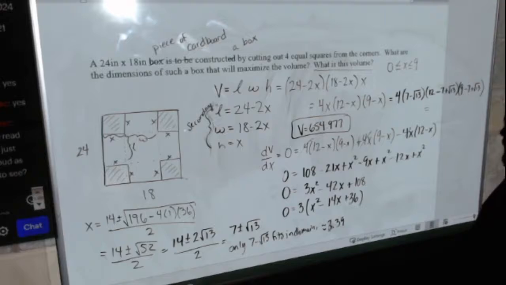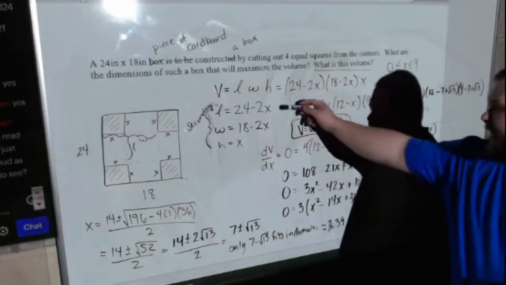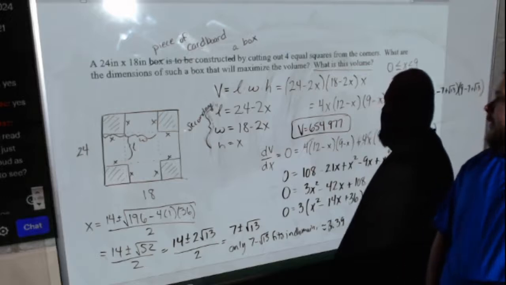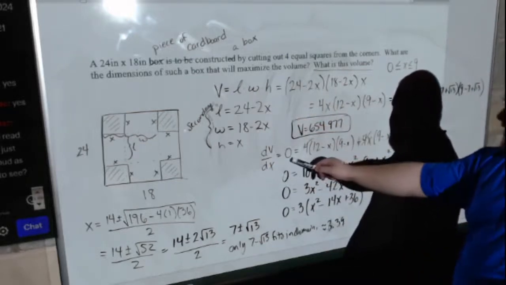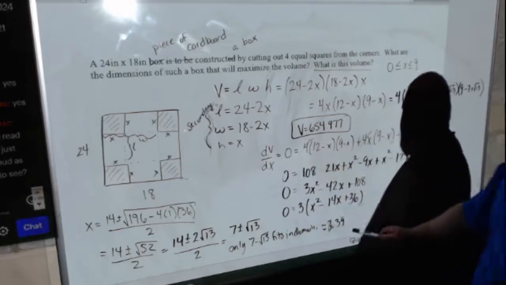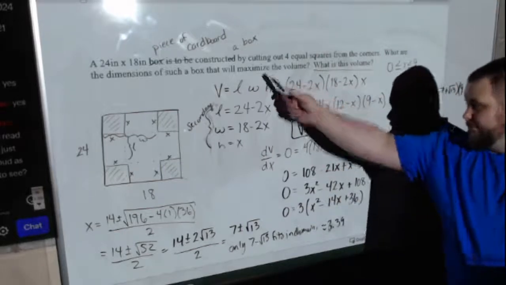Either way, are there any questions about how I got to that volume? All right, I set up the equations for length, width, and height, multiplied them all together to get the volume, differentiated and set to 0 because I want to find a maximum.